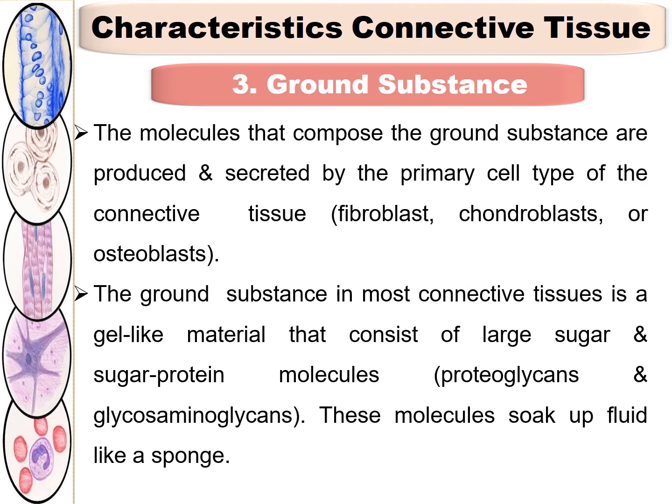And in addition to this, the ground substance in most connective tissue is a gel-like material that consists of large sugar and sugar-protein molecules like proteoglycans and glycosaminoglycans. These molecules soak up fluid like a sponge.